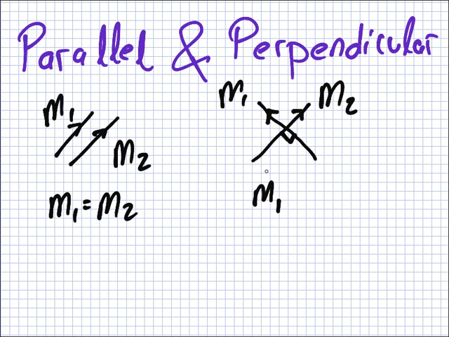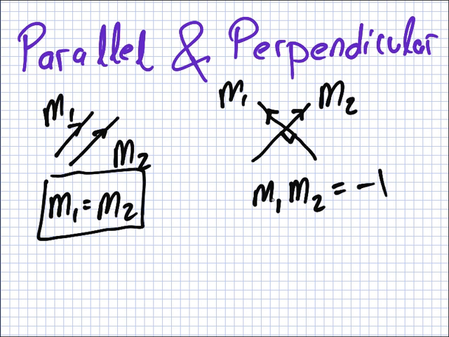You could say m1 equals 1 over minus m2. That's another way to say it, though. It's a little easier: m1 times m2 equals minus 1. So that is parallel and that is perpendicular. We'll have a look at some examples now. If you can make note of this, and then we'll get started on our examples.